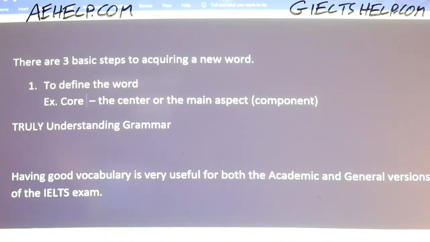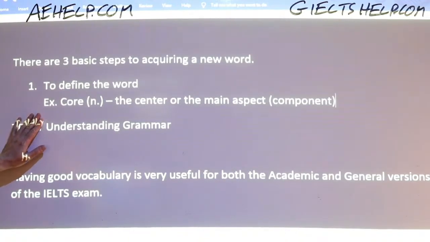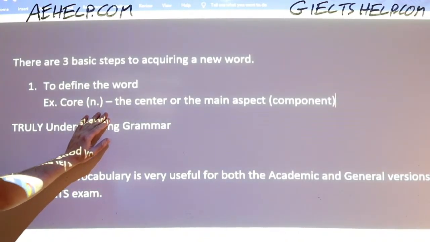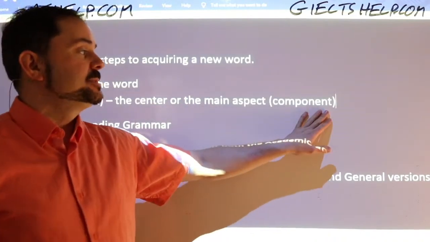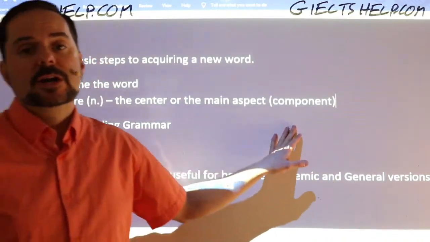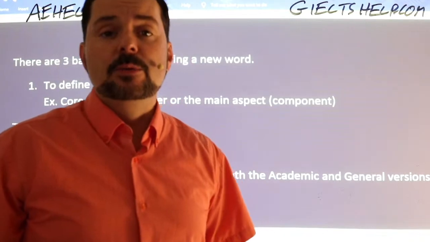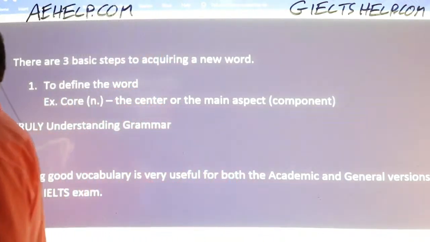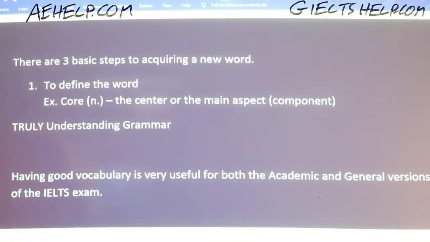And if you're not familiar with the pronunciation, you can always get the pronunciation from Google these days. Okay. All right. So that's what core means. So core is the center or the main aspect of something. So here it's a noun. Now we know this. Now we can go to the second step.